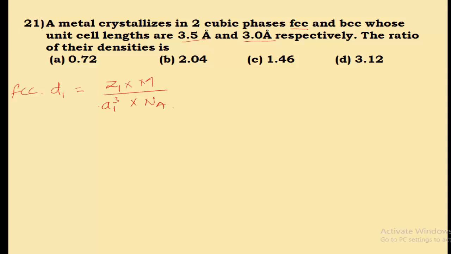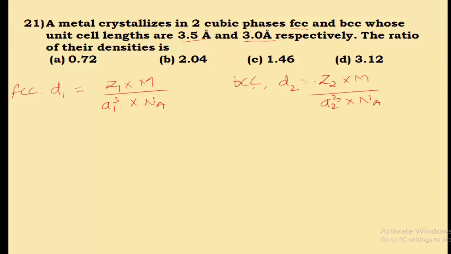And for BCC, how can you write the density? Call it D2, and it is taken as Z2 into M divided by A2 cube into NA.